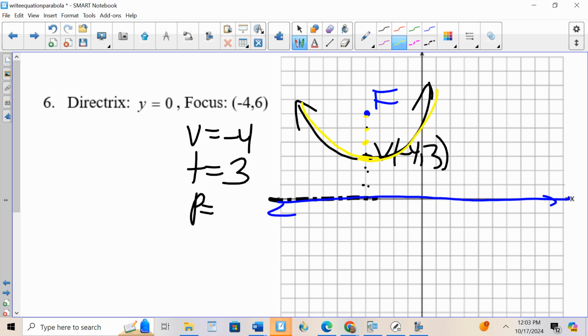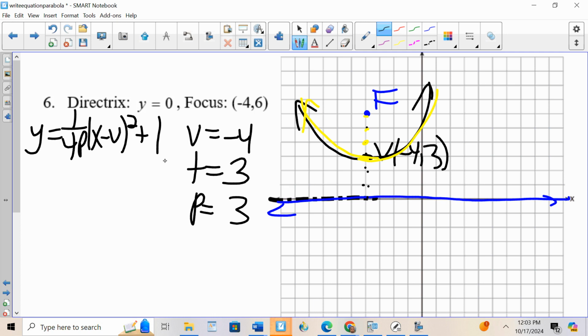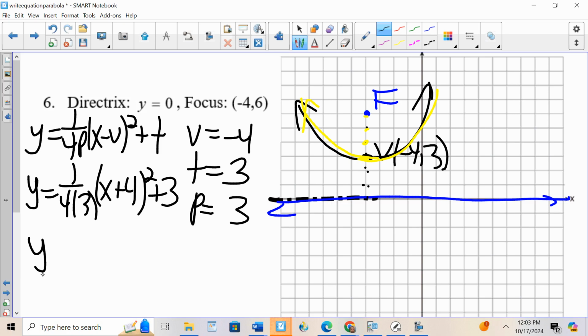It opens up, so p is positive 3. y equals 1 over 4p (x minus v) squared plus t. Sub in. p is 3, (x plus 4) squared plus 3. 4 times 3 is 12, so 1/12 (x plus 4) squared plus 3.